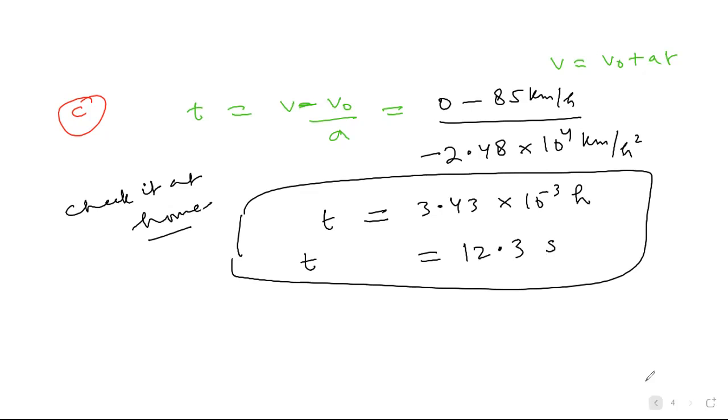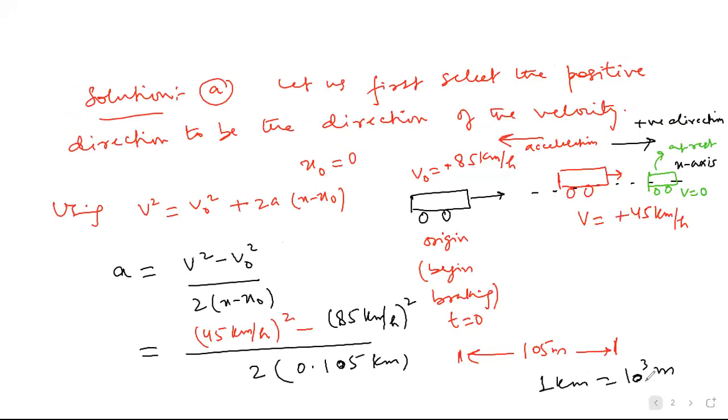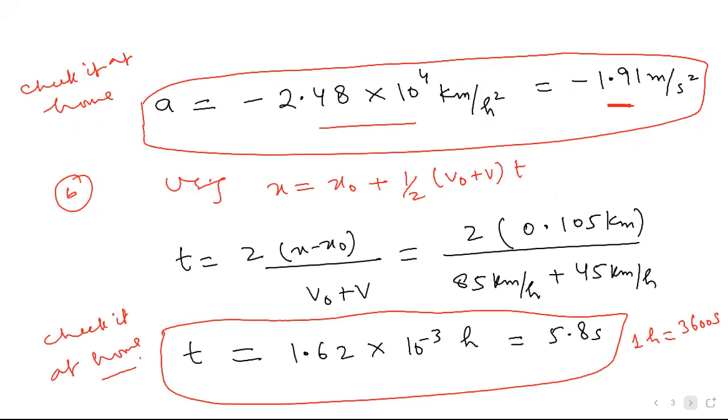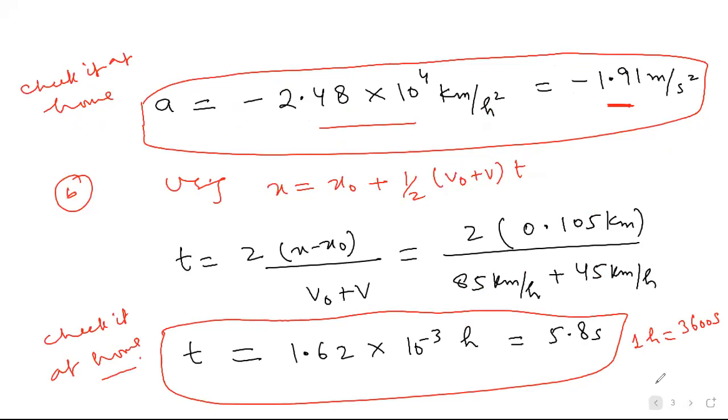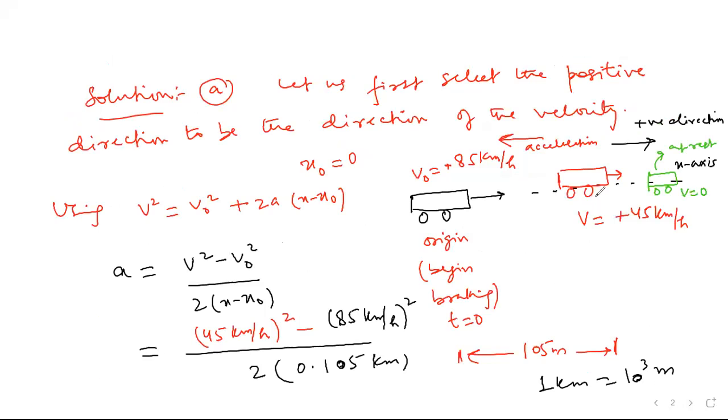Now, this time is the time required for the car to stop, beginning from a speed of 85 kilometers per hour. But the question asks what additional time elapses from the time the car is going at 45 kilometers per hour.